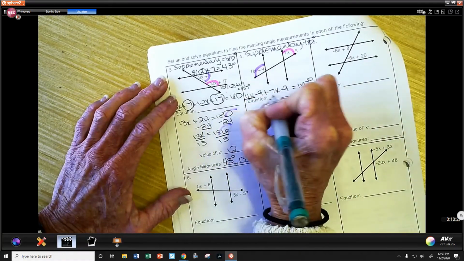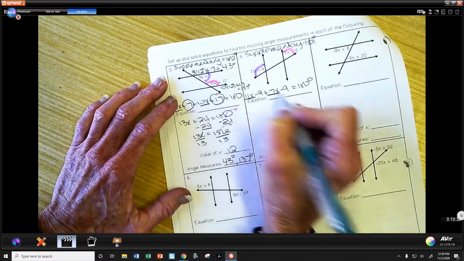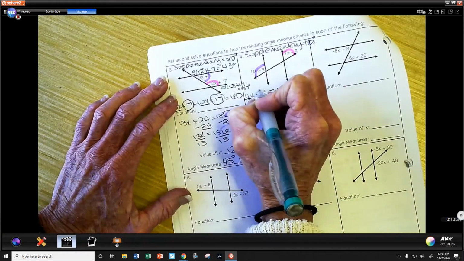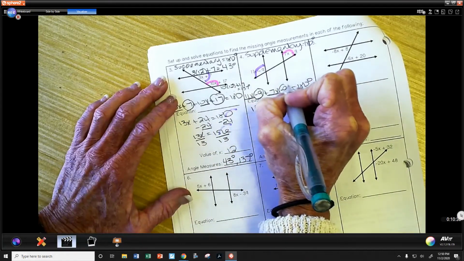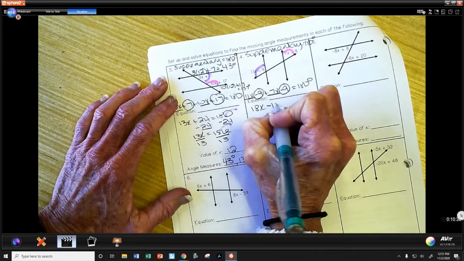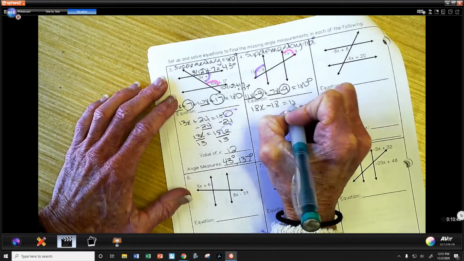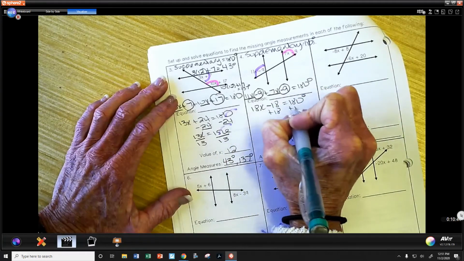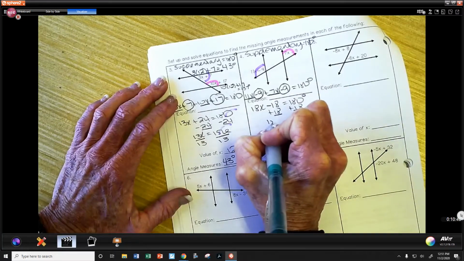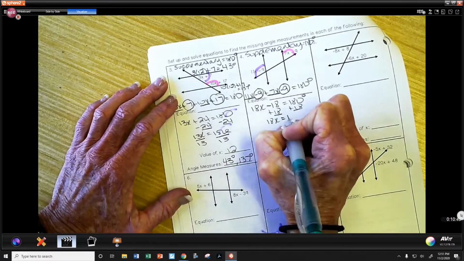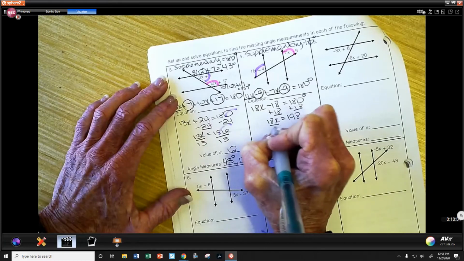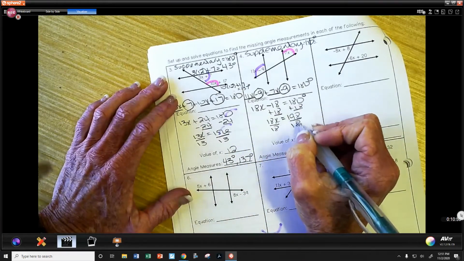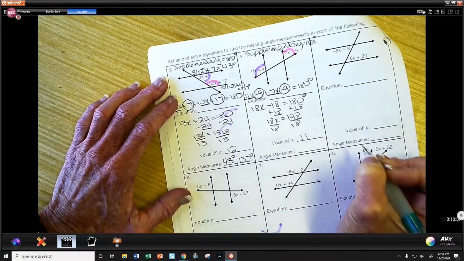Put together what you can. So I have 11x plus 7x, which is 18x. And then I have a negative 9 and a negative 9, which is minus 18. All right, add 18 to both sides. So 18x equals 198. Divide by 18. So that would be 11.